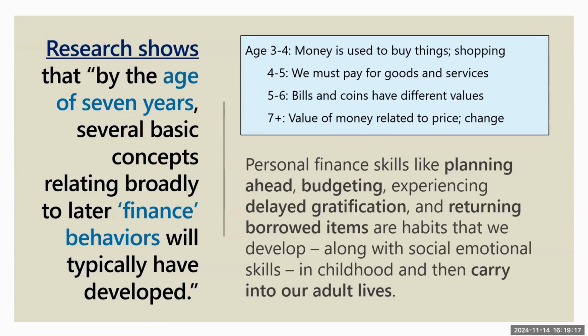These are all really habits rooted in our social emotional development, and they're habits that we develop in childhood and we bring into adulthood. Of course, we can always refine and polish our financial wellness journey. It will change as we grow and enter different areas of our life, but it's absolutely appropriate to start having these money conversations with kids as early as age 3 and 4.